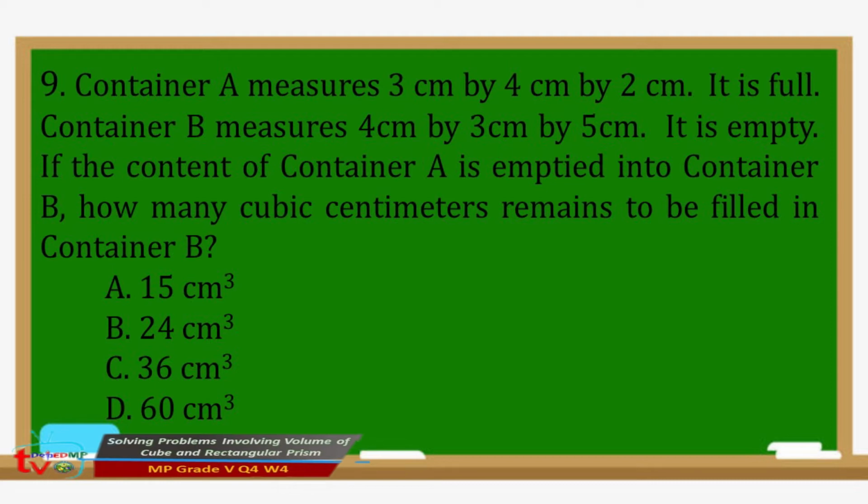Question number 9. Container A measures 3 centimeters by 4 centimeters by 2 centimeters. It is full. Container B measures 4 centimeters by 3 centimeters by 5 centimeters. It is empty. If the content of container A is emptied into container B, how many cubic centimeters remains to be filled in container B?